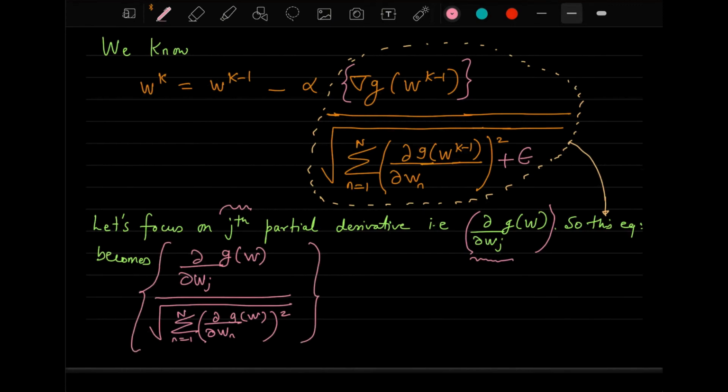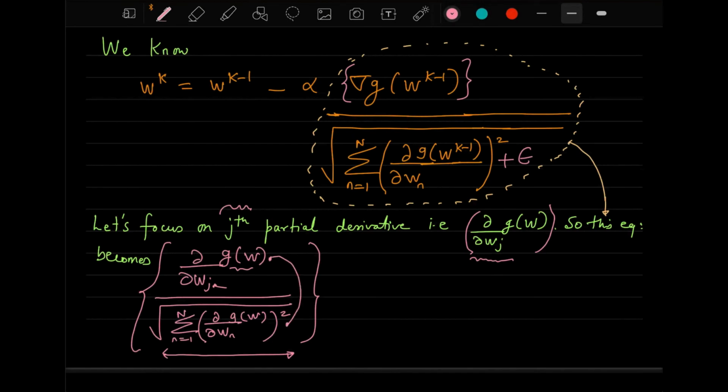What is this expression? It is taking the derivative of G(W) with respect to Wj, but now you are summing up all the derivatives running from 1 to n, and dividing this expression with this.